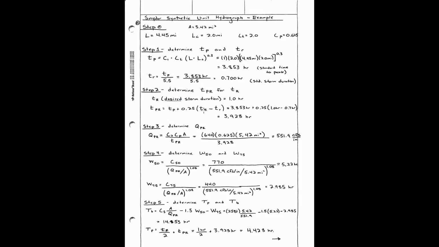Okay, so let's just double check some of the calculations you've done so far. Now, this first part A was where we're looking at a 1 hour duration of rainfall excess.